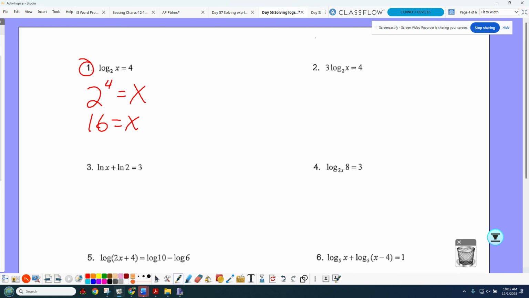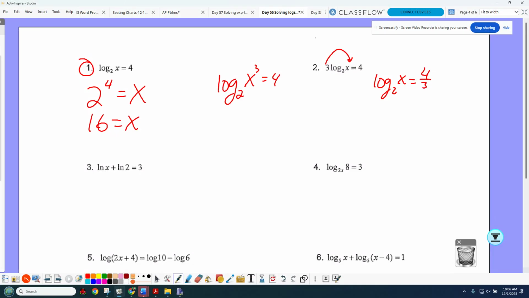Okay, number 2. There's an easy way and there's a hard way. And it's hard to see which one's best. Suggestions? What do you guys see? Yeah. Bring the 3 to the x. Okay. So one option is to do that. The other option is to do that.